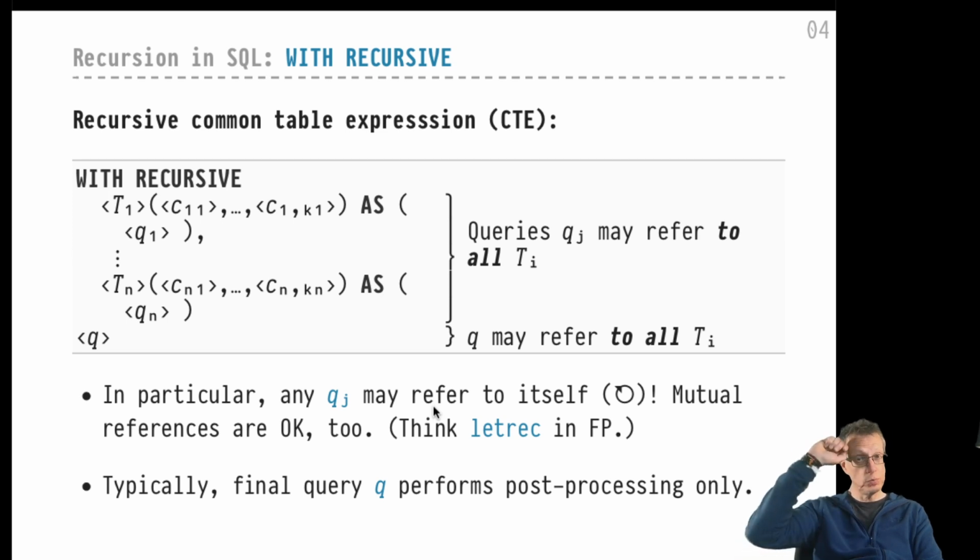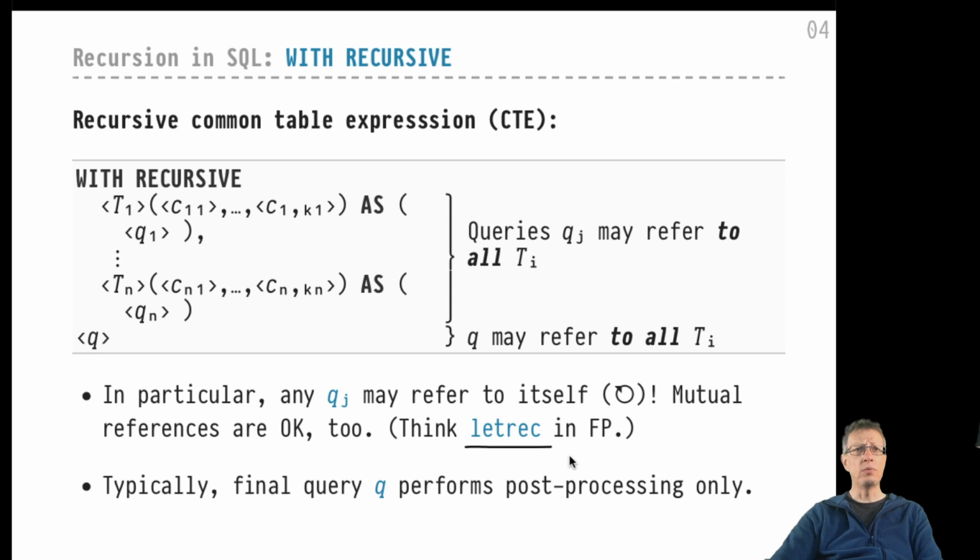Okay, so right. Mutual references are also okay. So if Q1 refers to Q2, then Q2 may refer to Q1. All of this is possible now with recursive common table expressions. If you are versatile in functional programming languages, there is a construct in FP language that's called letrec, or the recursive let construct.